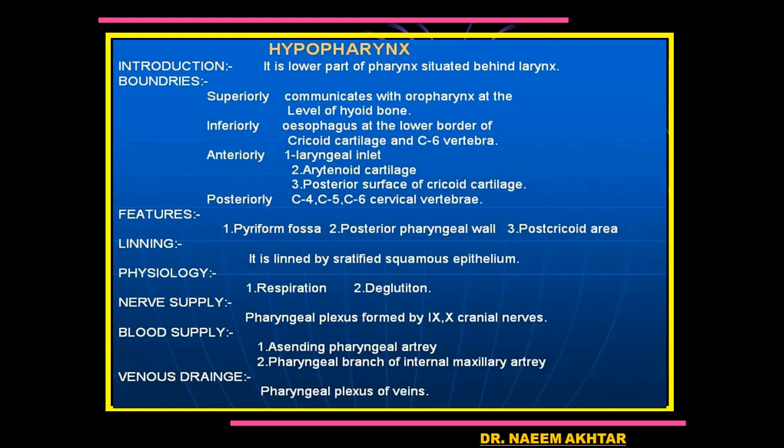Number one, respiration. Secondly, regurgitation. Nerve supply comes through the pharyngeal plexus, which is formed by the 9th and 10th cranial nerves. The blood supply comes from ascending pharyngeal artery and pharyngeal branch of internal maxillary artery. Venous drainage of the hypopharynx is through the pharyngeal plexus of veins.